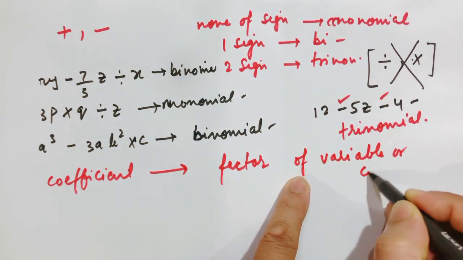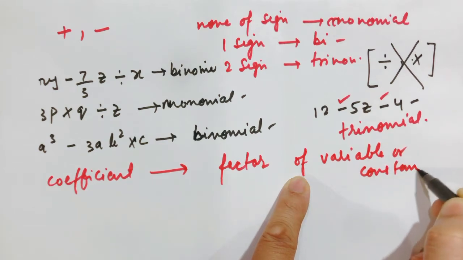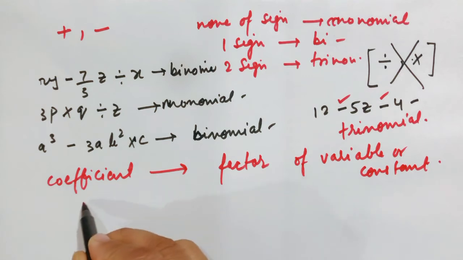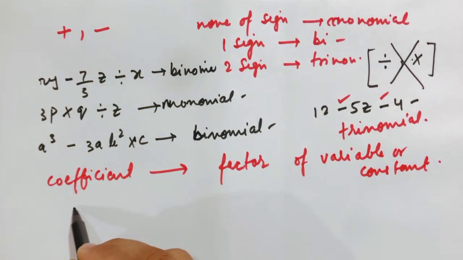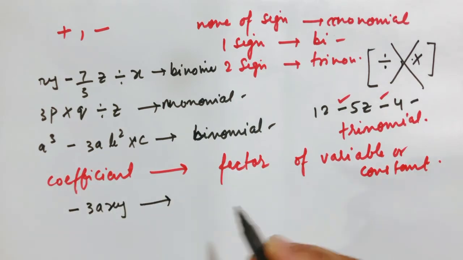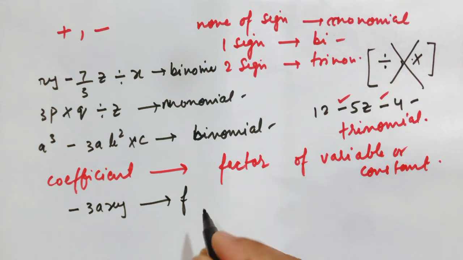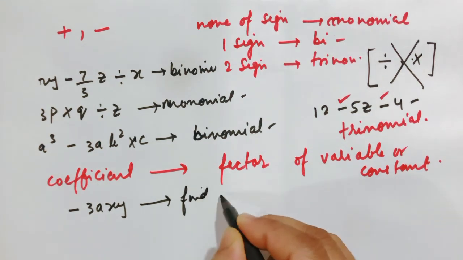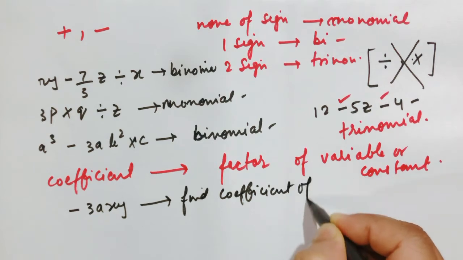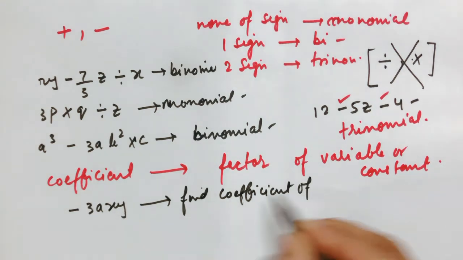For example, let us take, find the coefficient of, so you will be given minus 3axy and you will be asked to find the coefficient of xy, suppose xy.